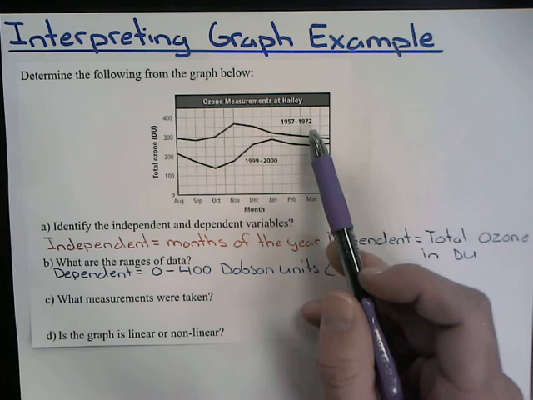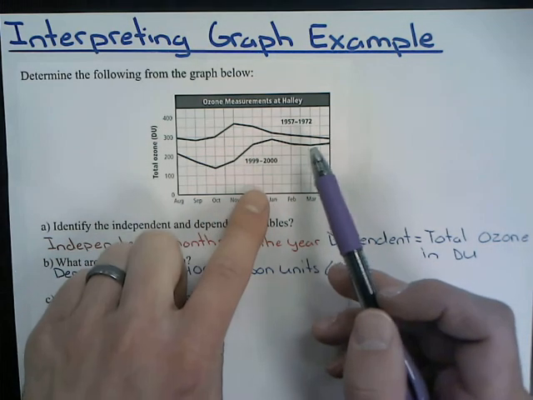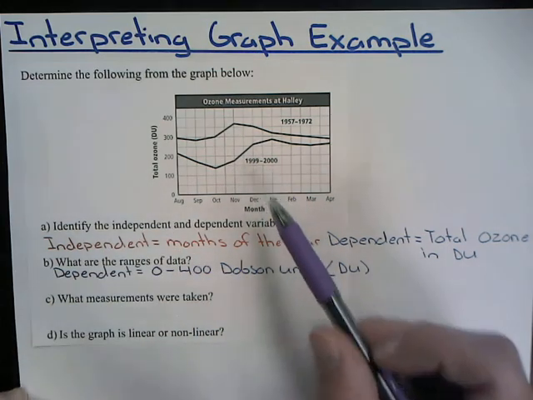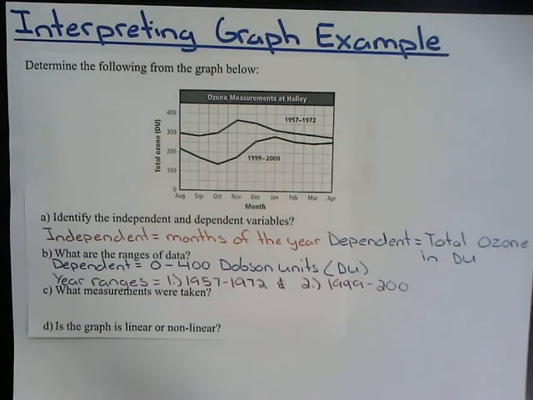Notice the top line says 1957 to 1972, and the bottom line is from 1999 to 2000. So our year ranges are also something that we can incorporate into this data. Now, the measurements that were taken were the Dobson units of ozone measured at Point Haley.